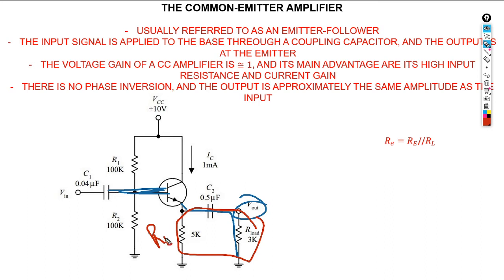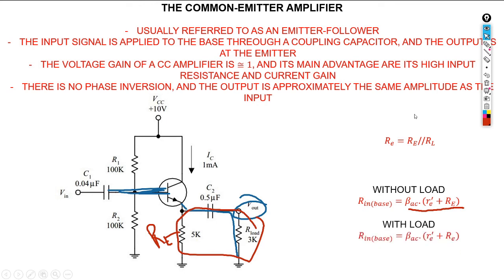Without the load, this is going to be our R in base. But if we have a load, this will be our R in base. What changes is just that this is a parallel between the two, the load and the R emitter. So that's basically what happens with this circuit.